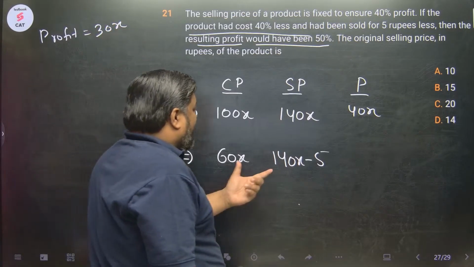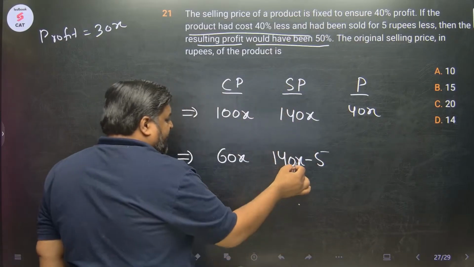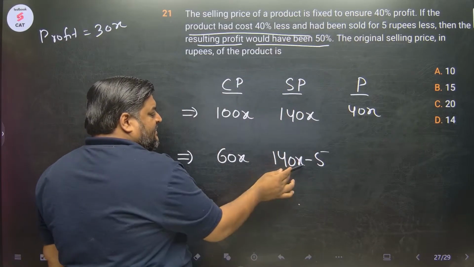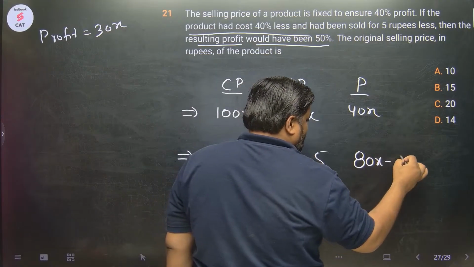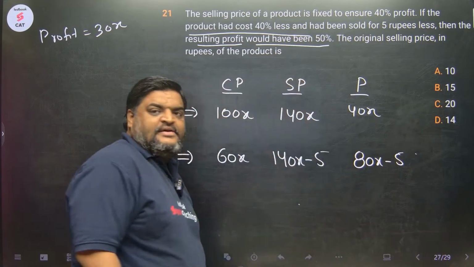And there is another way to calculate profit: selling price minus cost price. So this is 80x minus 5.